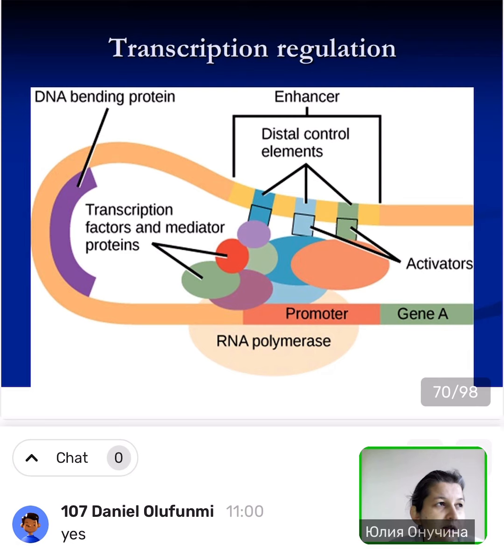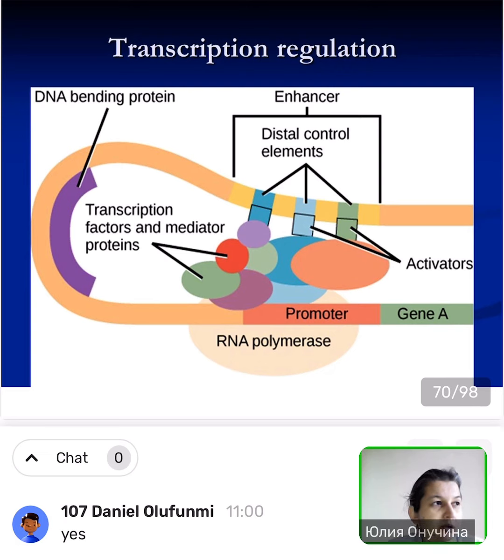Usually this group contains about 8-10 proteins. RNA polymerase must see where the promoter is on the gene, and the transcriptional factors will show it. This is the promoter. Go here and connect with the promoter. So transcription factors show RNA polymerase where the promoter is.